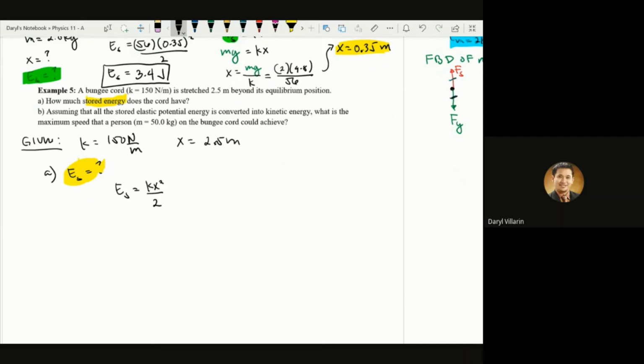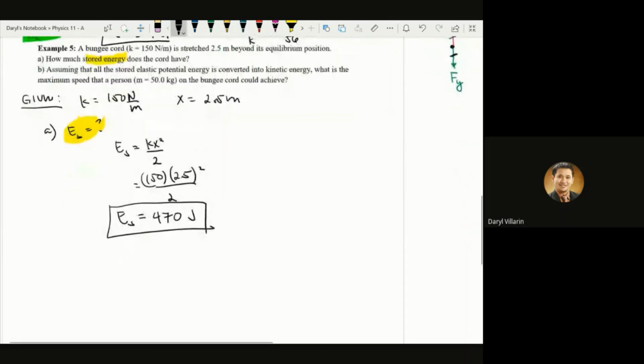It's very convenient because everything is given in the question already, so all we need to do is substitute: 150 multiplied by 2.5 squared, over 2. The energy stored in the bungee cord is 150 times 2.5 times 2.5 divided by 2, which in two significant digits is 470 joules. So this is the energy stored.